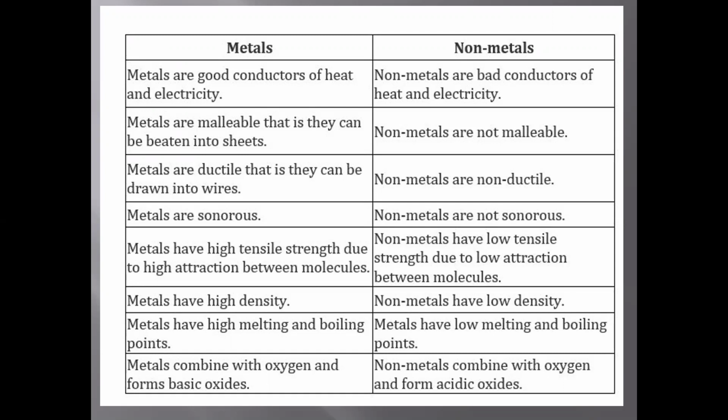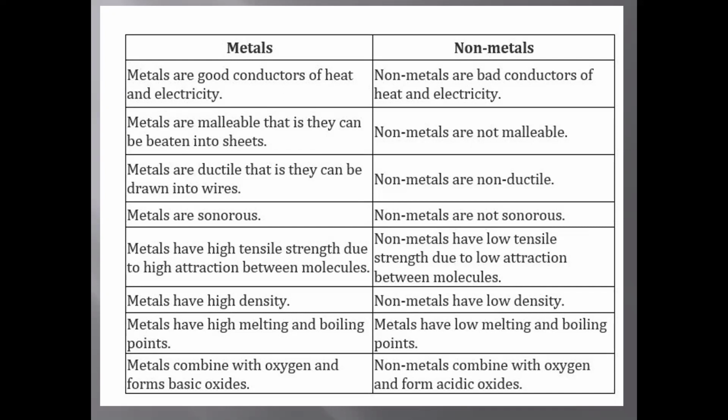Though there is an exception to this, carbon in the form of graphite. It conducts heat and electricity very well. As I am telling you repeatedly, you need to read about the exceptions also. So graphite, which is a form of carbon, is a very good conductor of heat and electricity. But in other cases, apart from this exception, non-metals are very bad conductors of heat and electricity.